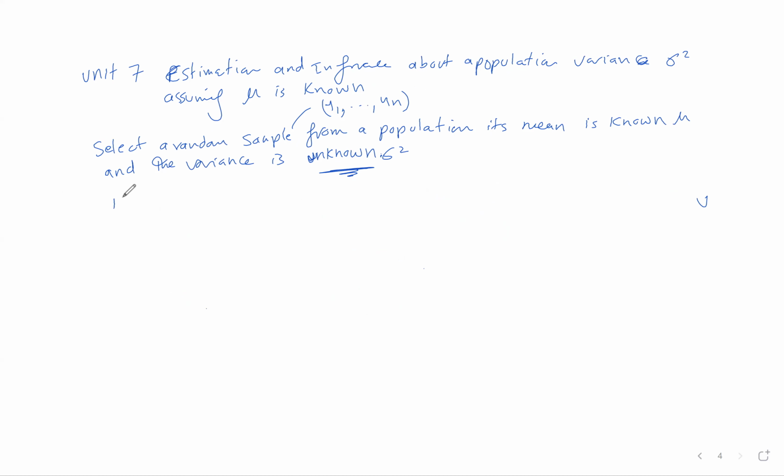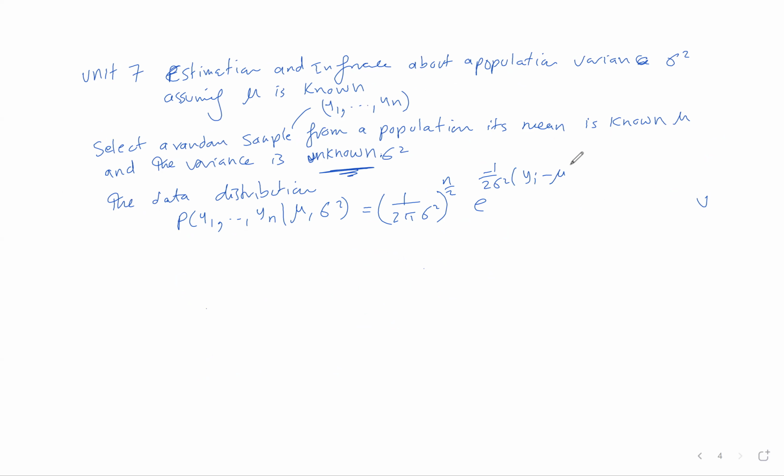The data distribution for the joint probability mass function of Y1 up to Yn, given you know mu and sigma, is 1 divided by 2 pi sigma square, all to the power n divided by 2, e to the power negative 1 divided by 2 sigma square, sum of yi minus mu square over i equal 1 up to n.